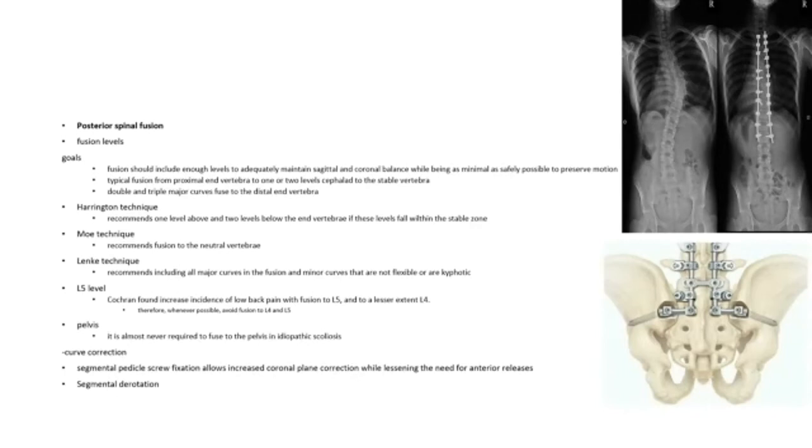We have described that. Lenke recommended including all major curves in the fusion, and minor curves that are not flexible or are kyphotic. Cochrane reviews said that stopping at L5, and L4 to a lesser extent, is not giving favorable results.